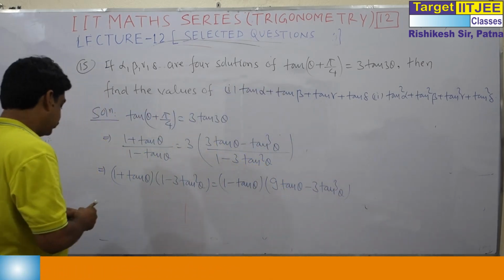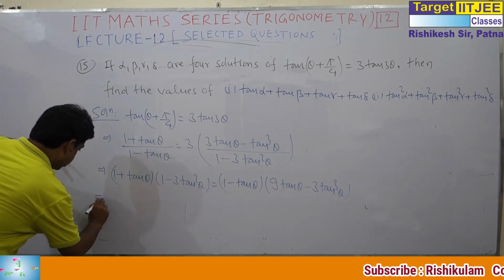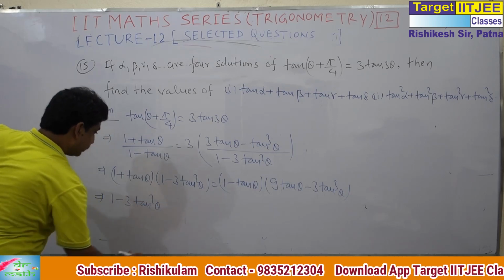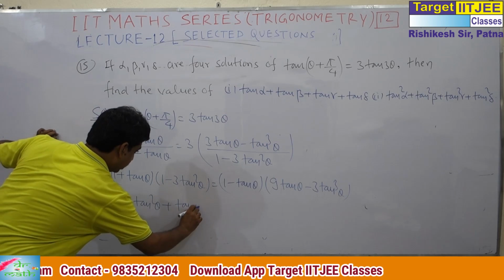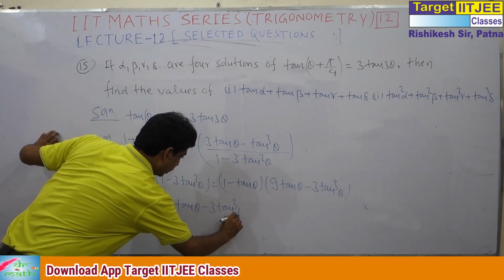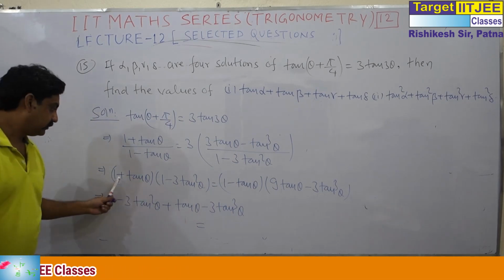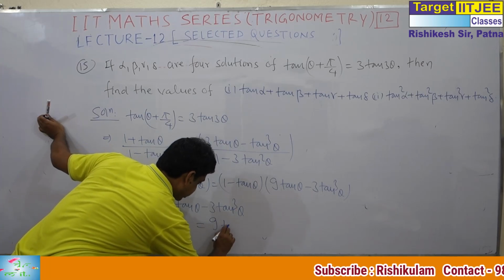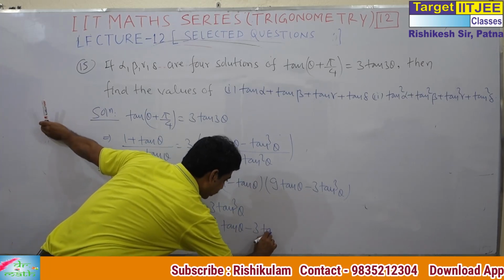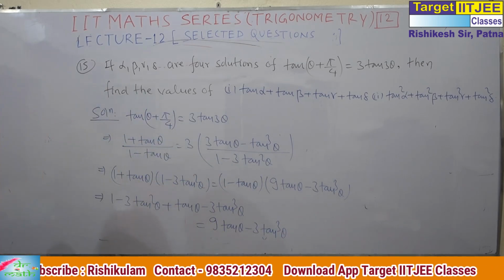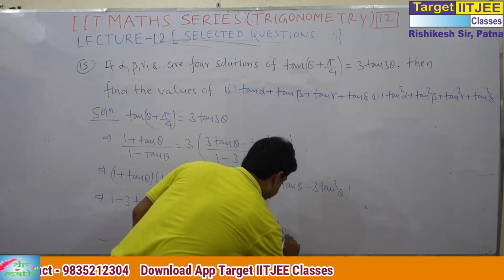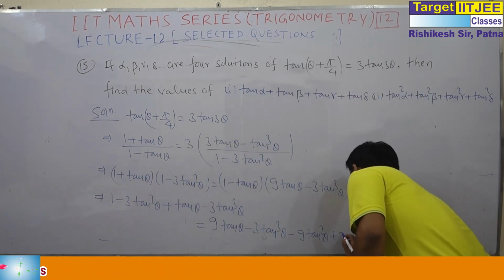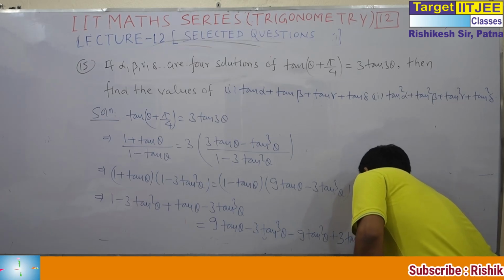Go on with the multiplication, nothing new. This is 1 minus 3 tan square theta plus tan theta minus 3 tan cube theta. Then 1 times 9 tan theta minus 3 tan cube theta, and multiplied by tan theta, it is minus 9 tan square theta plus 3 tan to the power 4 theta.